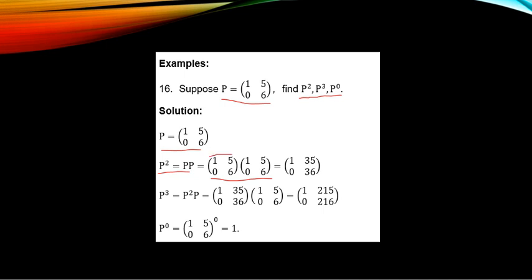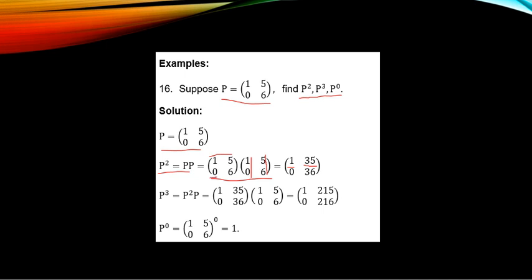So you have the first row times the first column, that gives you 1. The same first row times the second column, you have 35. That is 1 times 5 is 5, 5 times 6 is 30. When you add, you have 35.